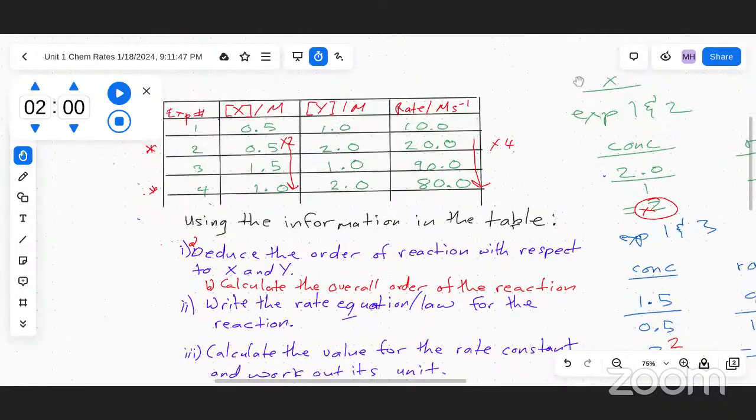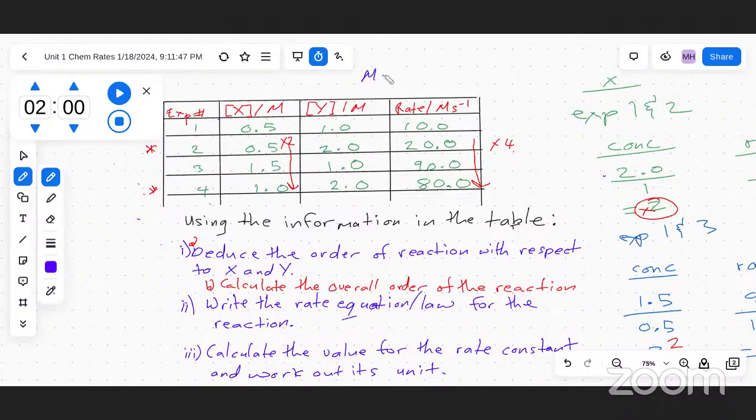The capital M stands for moles per dm cube. So if you say a capital M, it is moles per dm cube. So the rate here is moles per dm cube per second.